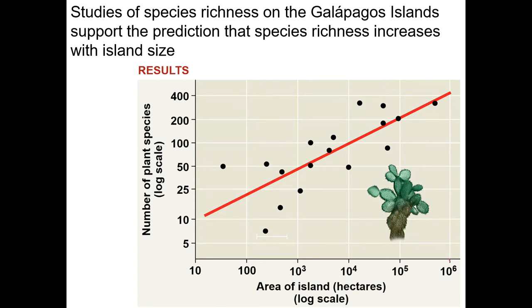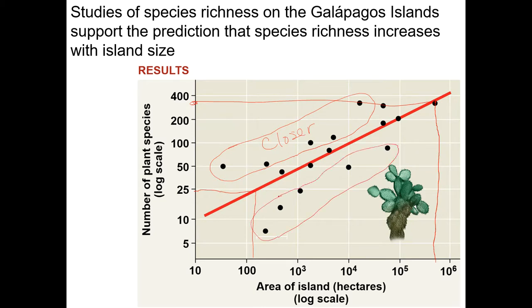So the bigger islands tend to get more species, and the small islands tend to have fewer species living there, fewer numbers of plant species. This particular graph isn't looking at island distance, but I would bet that these islands are probably closer to the mainland because they have more species than you would expect. And these, I would bet, are kind of distant.